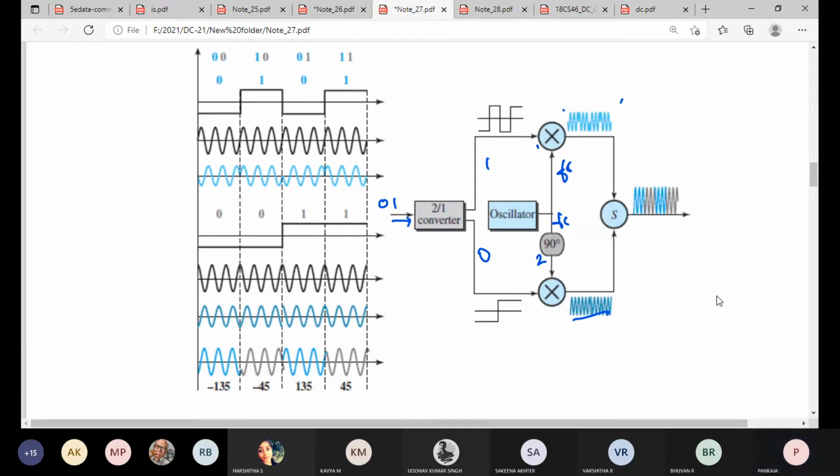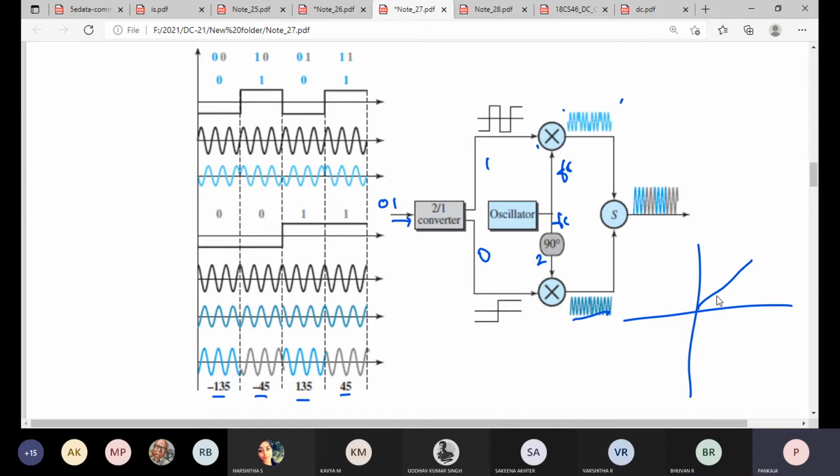So this is going to repeat every time with different degrees. Here you will be getting minus 135, 45, 135. This is plus 135, 45. If you draw the quadrature, this is 45 degree.